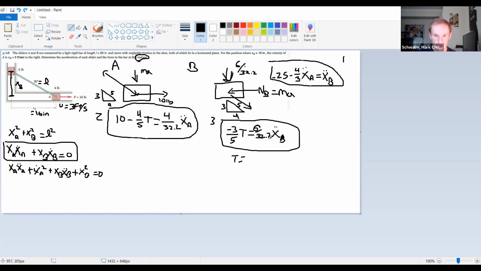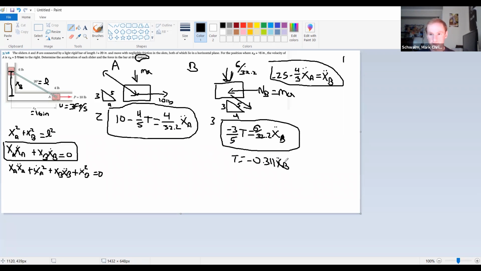All right, so from this b equation, we get t equals negative 0.311 x double dot b. And then if we clean this equation up, I'm just going to plug this t into this.